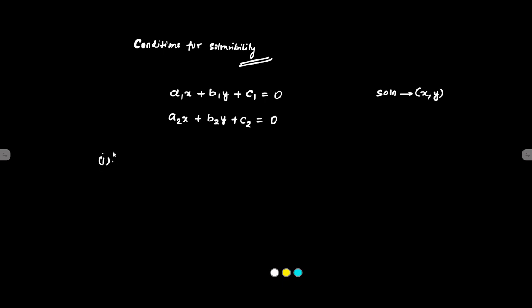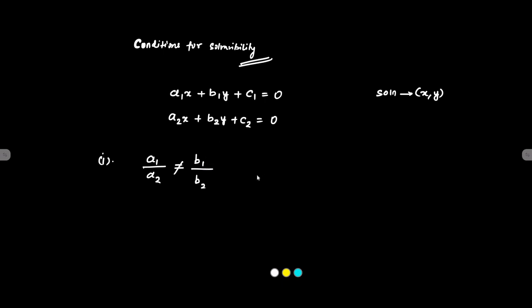Now the first condition: suppose a1 by a2, that is the coefficient of x for the first equation and the coefficient of x for the second equation, the ratio of those two is not equal to b1 by b2, that is the coefficient of y for the first equation and the coefficient of y for the second equation.